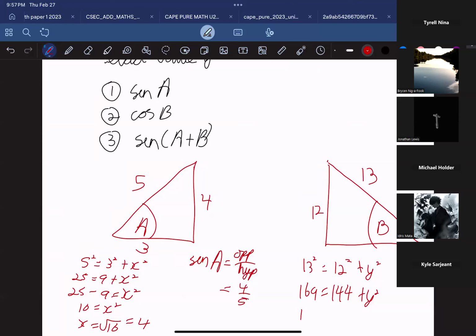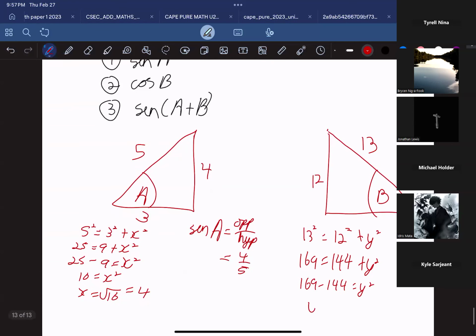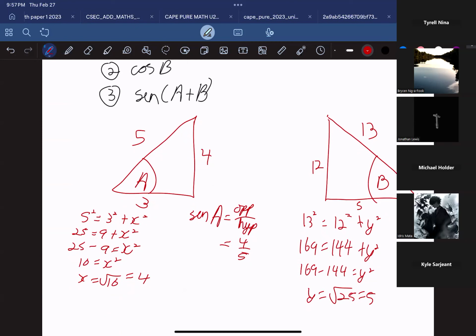So 169 minus 144 is 25, and y is the square root of 25, which is 5. My cos B would be 5 over 13, but it's obtuse, so it'll be negative.